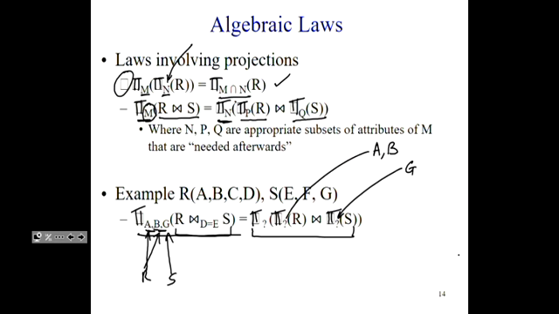You still have D equal to E in the theta join, and you don't want to eliminate D and E. You need that for the future operation. So you would have A, B, and D here for R, and G and E here for S, right? And then what would be my external expression?